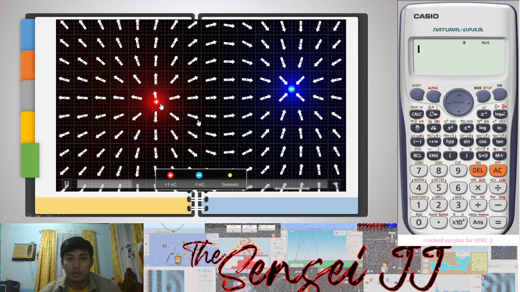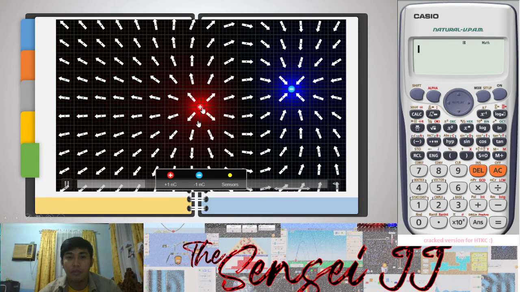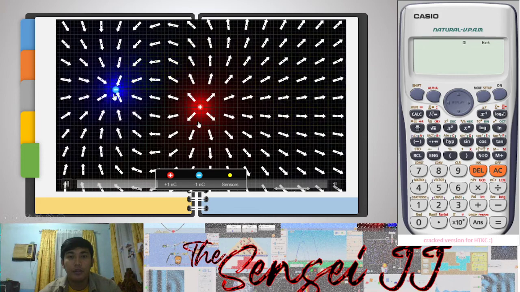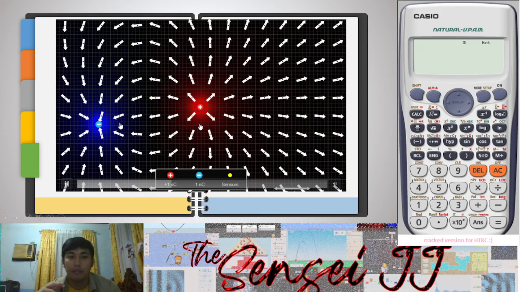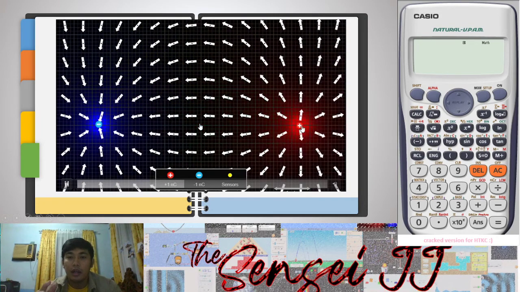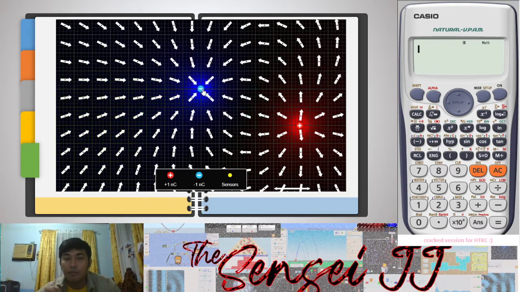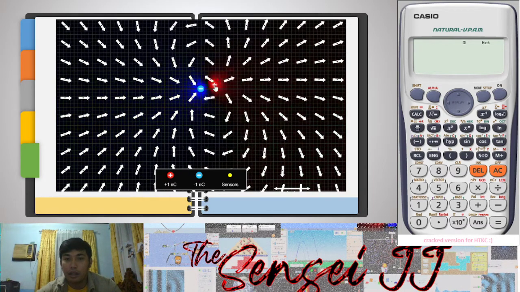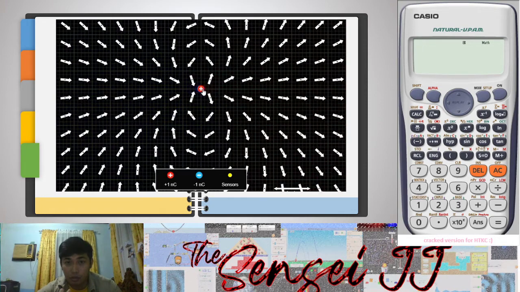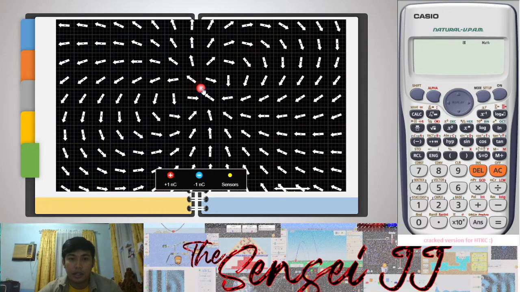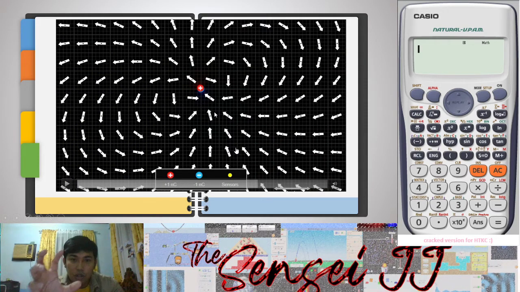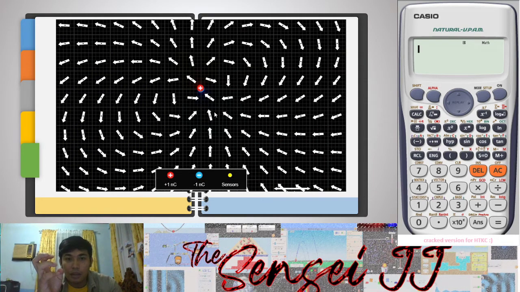Still the same, even if you move our positive and negative particles, they will still have directions going to them for the negative and away from them for the positive. You can see there are a lot of changes in the direction while they are being combined together.